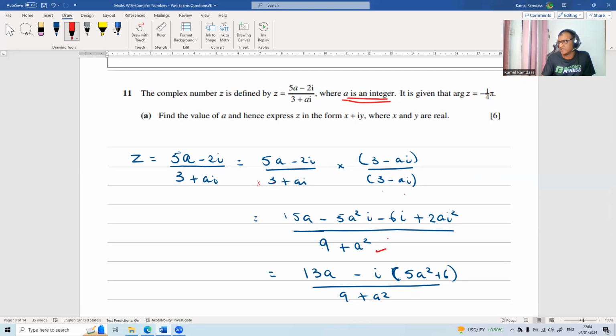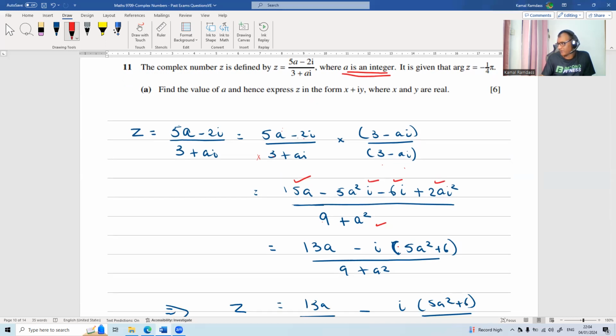Here 5 times a gives 15a. 5a times minus ai gives minus 5a squared i. Minus 2i times 3 gives minus 6i. Minus 2i times minus ai gives plus 2ai squared, which is minus 2a, because i squared is minus 1.